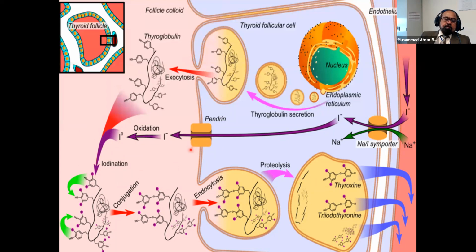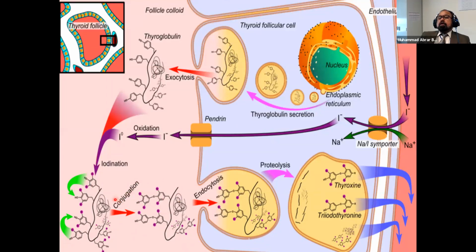So this peroxidase changes iodide into iodine, and then this iodine attaches to the tyrosine molecule to form monoiodo, diiodo, and when two diiodo combine they form tetraiodo or thyroxine, or one monoiodo and one diiodotyrosine form triiodothyronine. So triiodothyronine is T3 and tetraiodothyronine is T4, which is thyroxine.